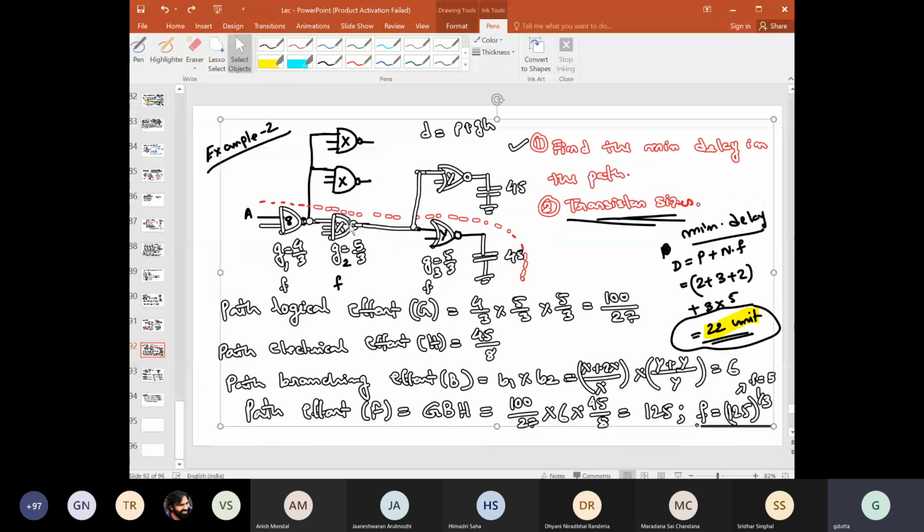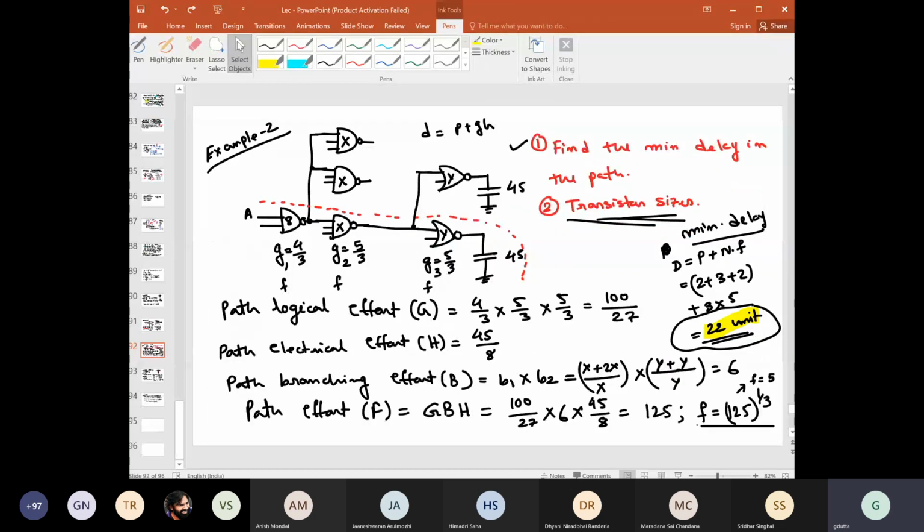How to estimate the logical effort for this XOR gate? And suppose if you have an XOR gate here, here and here, then how will the analysis change?